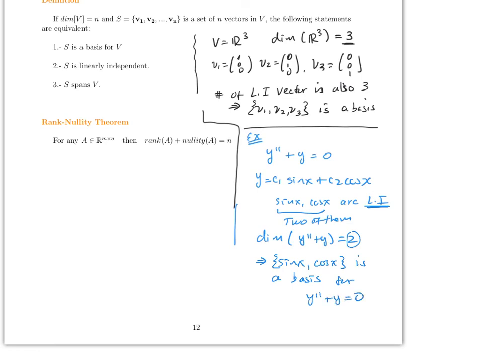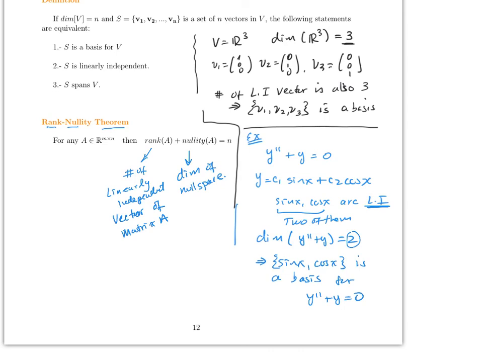Now, the last concept on this page is something called the rank nullity theorem. Remember that the rank is going to be the number of linearly independent vectors of the matrix A. And then nullity, this is going to be the dimension of the null space, and it has to equal n.